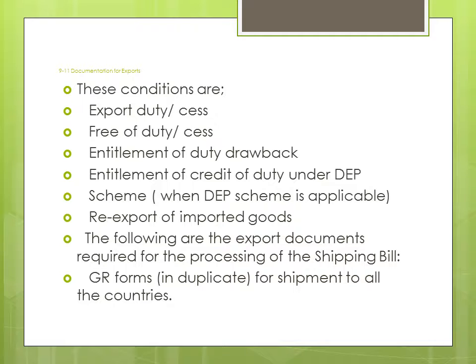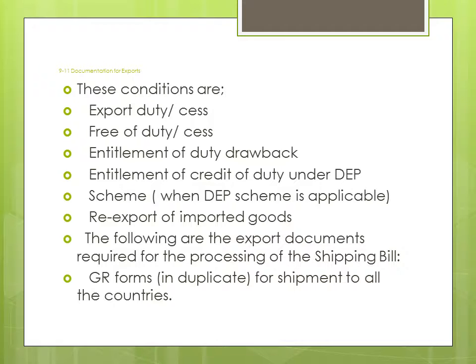These conditions are export duty or cess, free of duty or cess, entitlement of duty drawback, entitlement of credit of duty under DEP scheme when DEP scheme is applicable, re-export of imported goods.